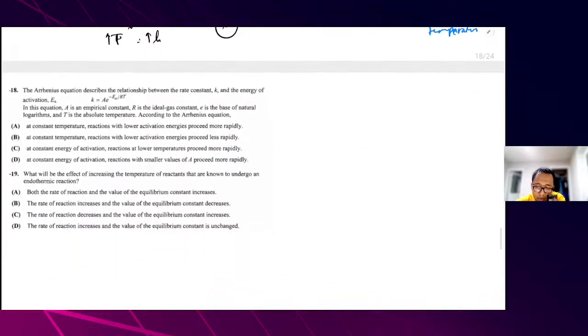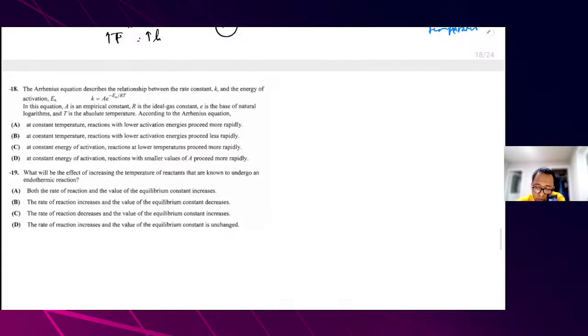The Arrhenius equation describes the relationship between the rate constant K and the activation energy. In this equation, A is an empirical constant, R is the ideal gas constant, e is the base of the natural logarithm or exponential, and T is the absolute temperature.